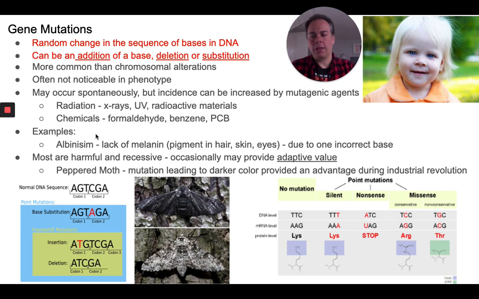Often these gene mutations might be harmful, but occasionally they might be helpful and provide adaptive value. And we know from our talk of evolution that variation is important. Okay? And so mutations are one of the ways that variation arises in the species.